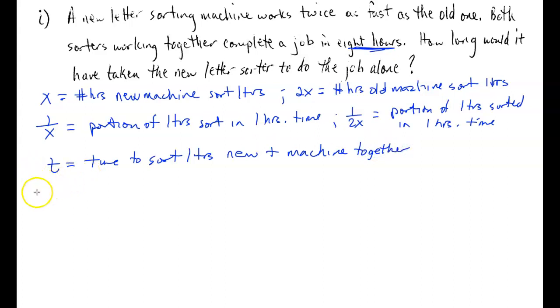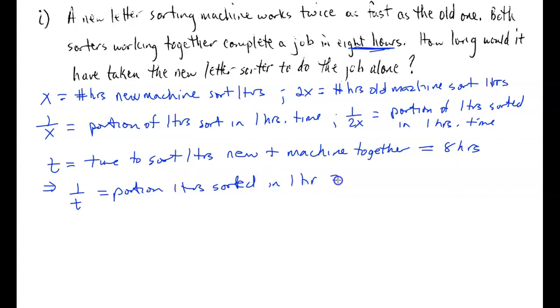So that also implies here that how much of this would be done in 8 hours, that's 8 hours, then 1 over T, which is the portion of letters sorted in 1 hour, that should just be 1/8 of them.